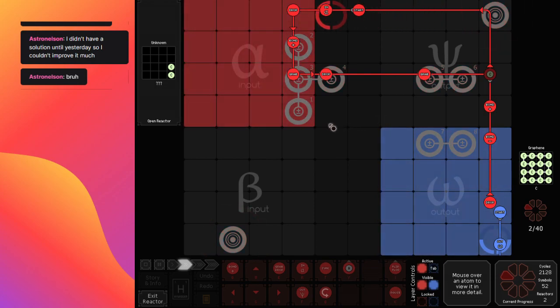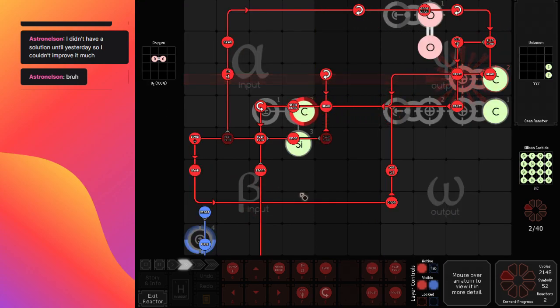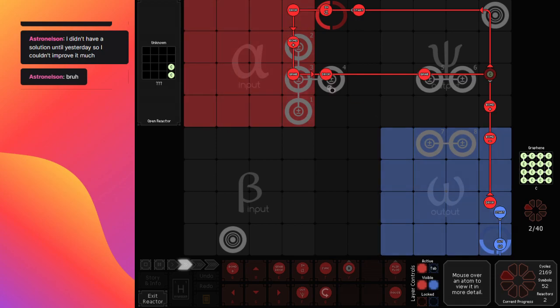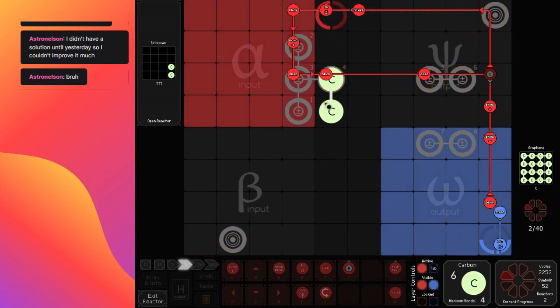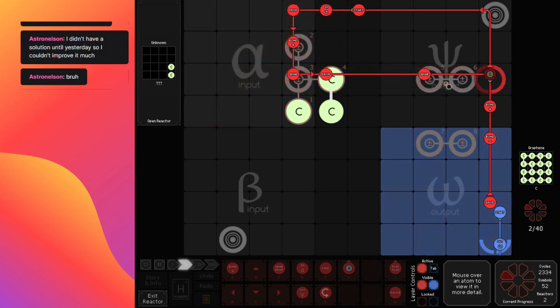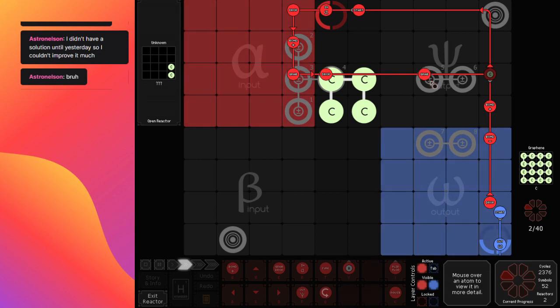Now this reactor is obviously very, very simple. Still a couple of innovations in here to assemble this using multiple loops of this input alpha. And with this bonder layout, that will work. Yeah, this reuse of this grab and this drop is... There's a reason why Andy is in first place.